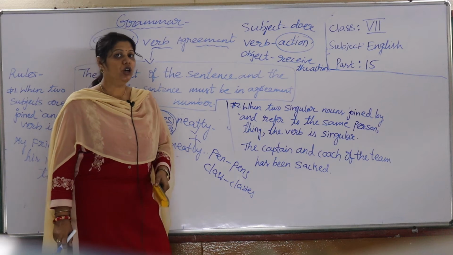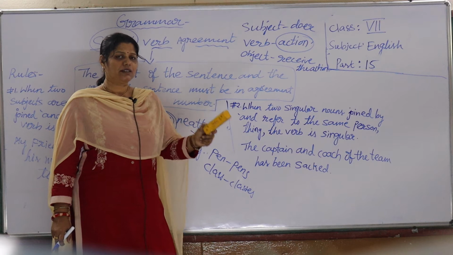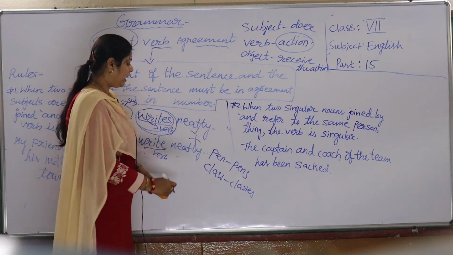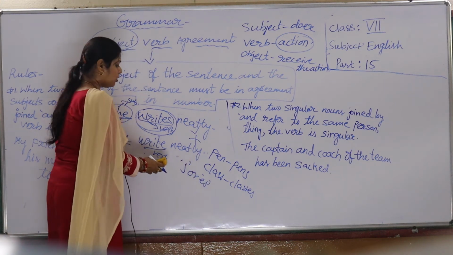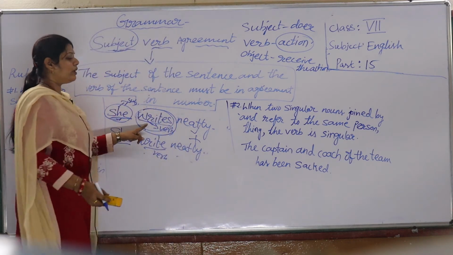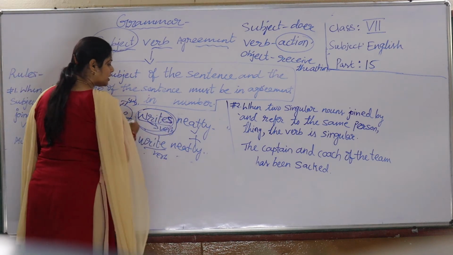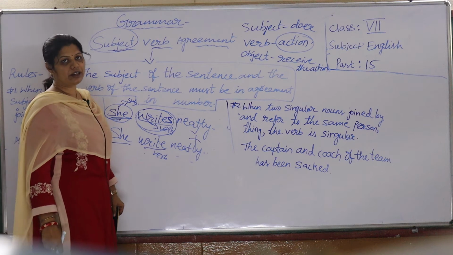So by this time you understand that by adding s or es, we make a noun from singular to plural. To make a noun plural, what do we do? We add s or es, right? The same thing we are doing. But when it comes to a verb, when s is added to it, it is considered singular.